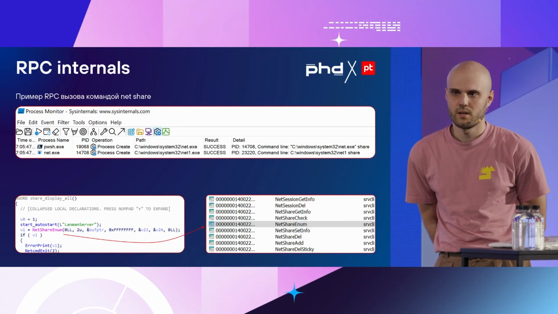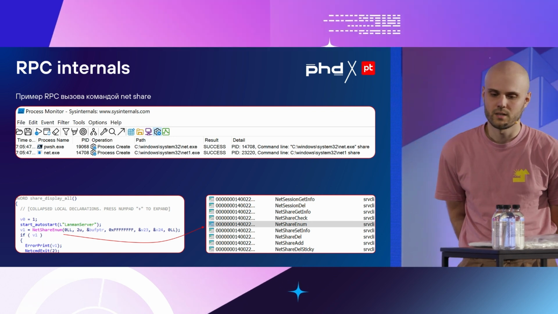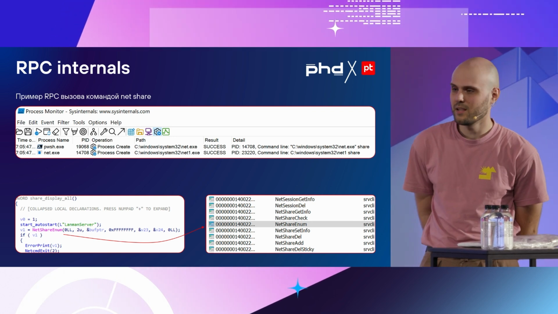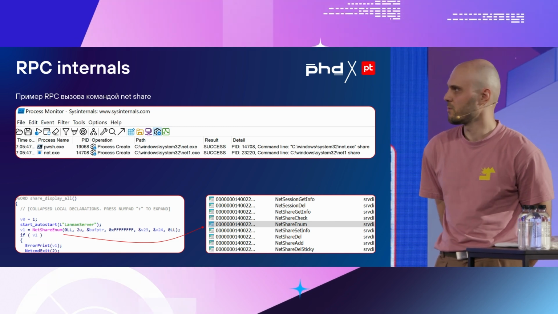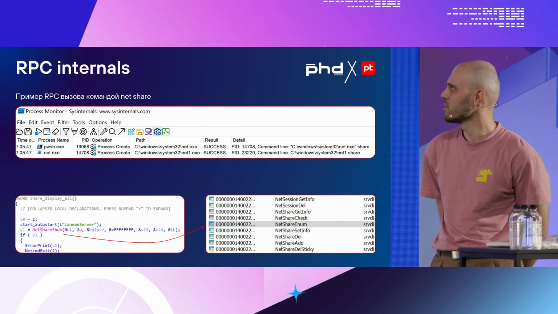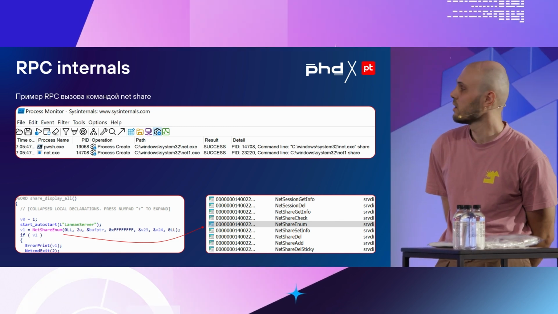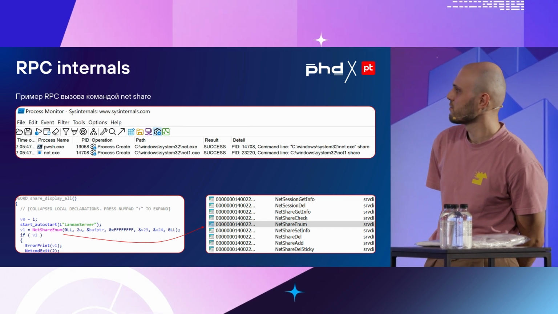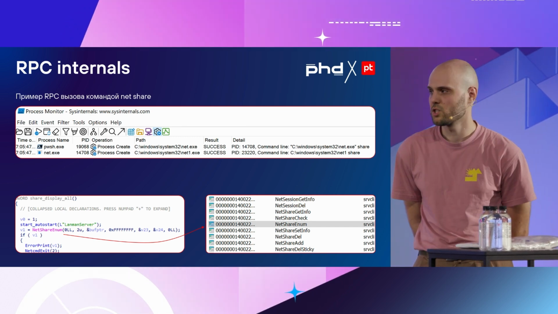Let's have a look at the examples of how some real RPC requests can look. We'll use the NetShare utility. Let's have a look at the process monitor.